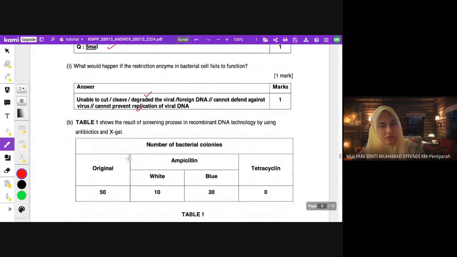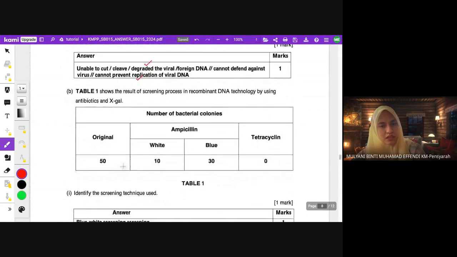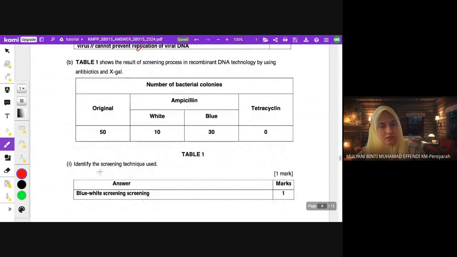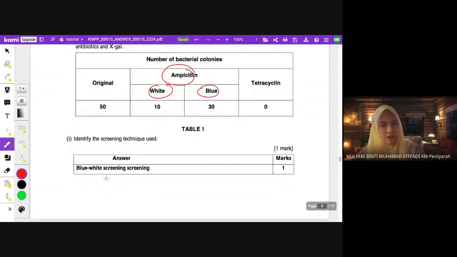Okay. So next ditunjuk kat sini, after process of screening, okay. So identify the screening techniques used. So kita nampak kat sini ada ampicillin, okay, ada blue and white punya, okay, tetracycline. So dia adalah blue white screening lah.